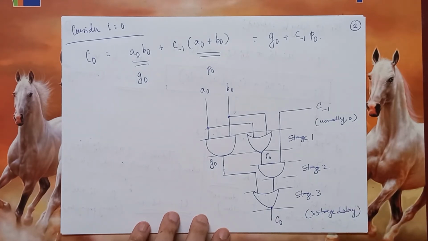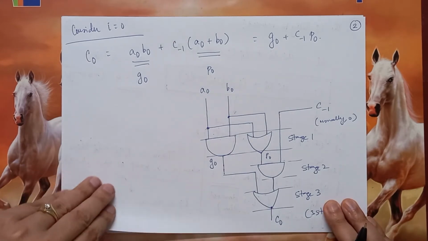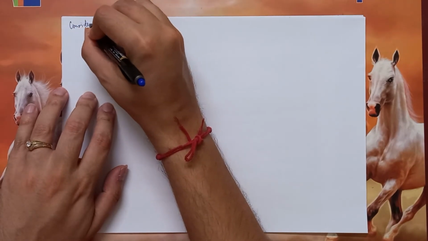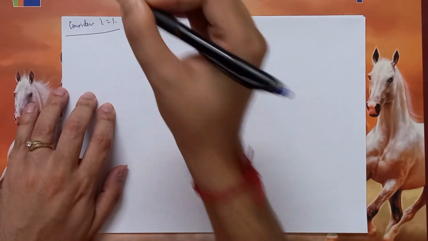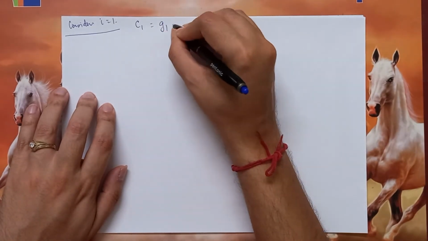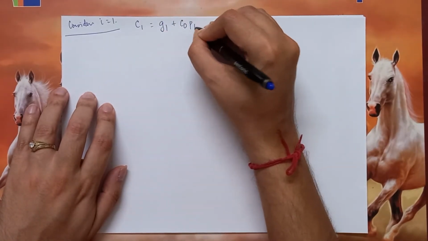But wait, let us not jump to conclusions so quickly. Let us not get depressed so easily. We have seen what happens when I equals 0. Let us now see what happens when I equals 1. Let's write the carry 1, which is equal to G1 plus now C0 P1.